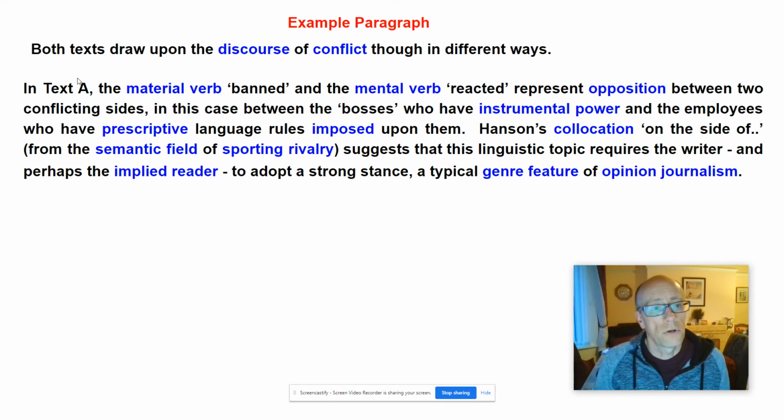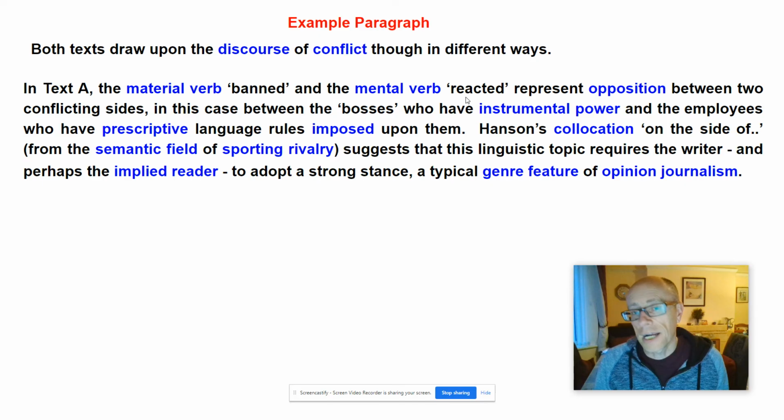Okay, so in this bit, we've got a lot of nice, focused, close detail on text A. Notice these AO1 terms, that whenever we're quoting individual words here, we are showing off to our examiner that we know exactly the word classes. We know that banned could be described as a material verb.